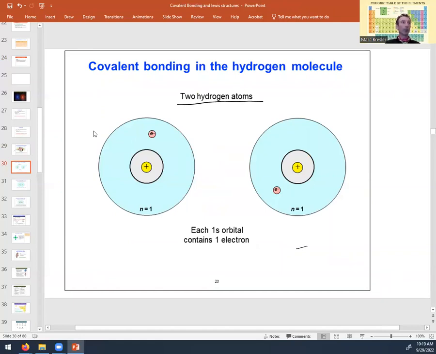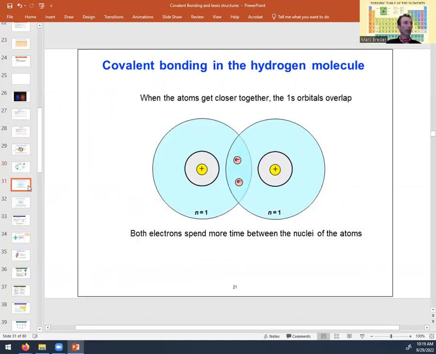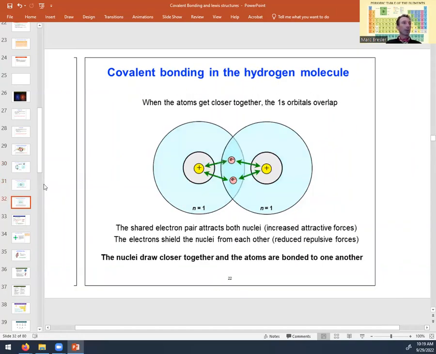Two hydrogen atoms are simple, with n equals 1 for the energy level, one shell, one electron. They want to have two electrons in the first shell, a noble gas configuration like helium. So if these two electrons come together and share, then each atom has two electrons essentially. That's what makes the bond. You can see the proton is pulling electrons, and they equally share that electrostatic pull.